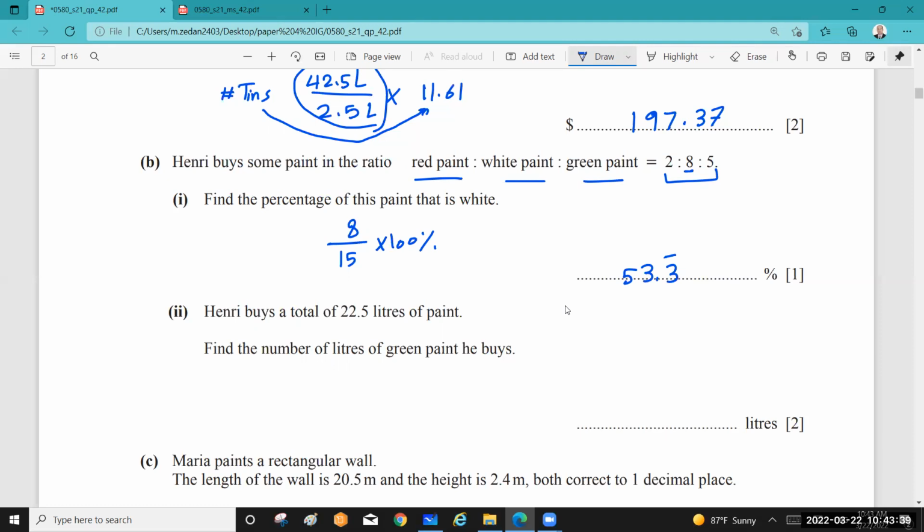Henry buys a total of 22.5 liters of paint. Find the number of liters of green paint he buys. The green is 5 parts out of 15 times the 22.5 liters you have, which gives you 7.5 liters.